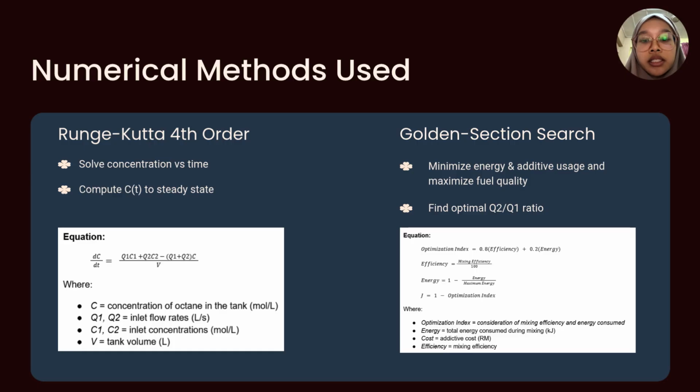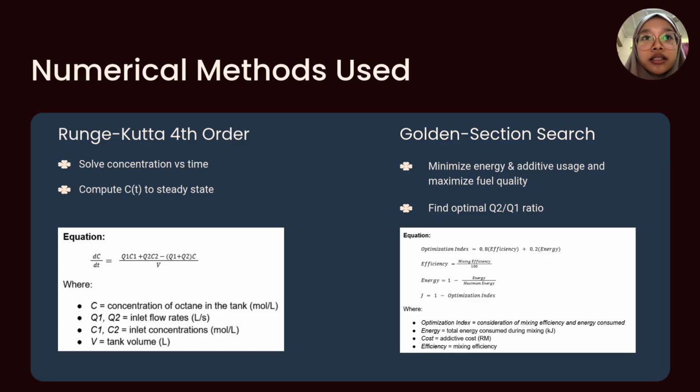dC/dt equals Q1 times C1 plus Q2 times C2 minus (Q1 plus Q2) times C, over V. This governing equation represents how the concentration changes with time based on flow rates and tank volume.